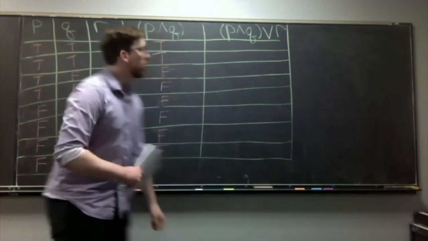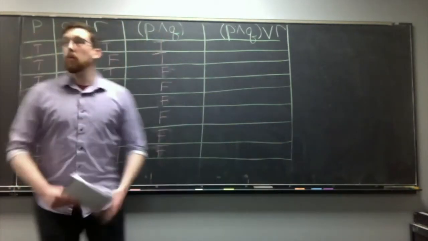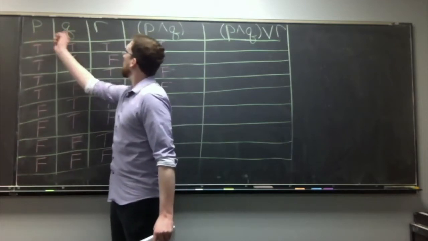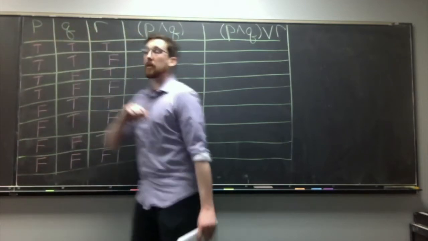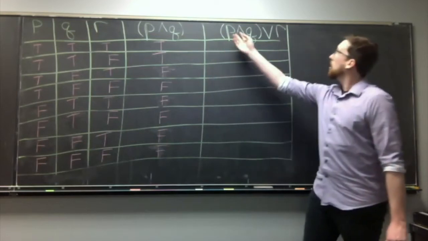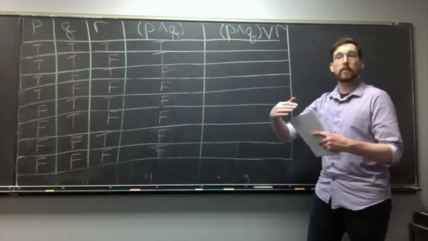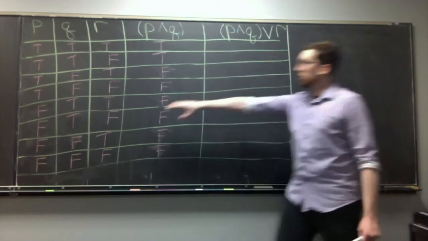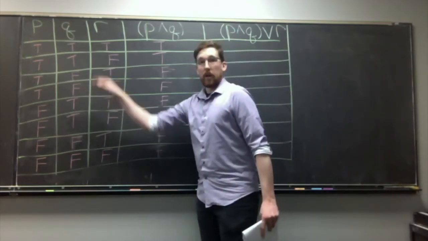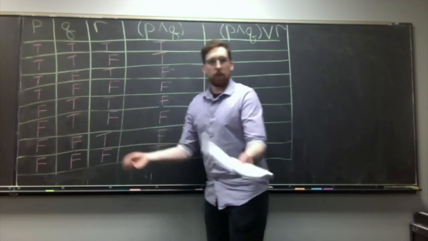All right, we've got the case of P, Q, and R. And what we're trying to answer is what the truth values are given a particular set of cases or circumstances, for each case, whatever the particular truth values are.